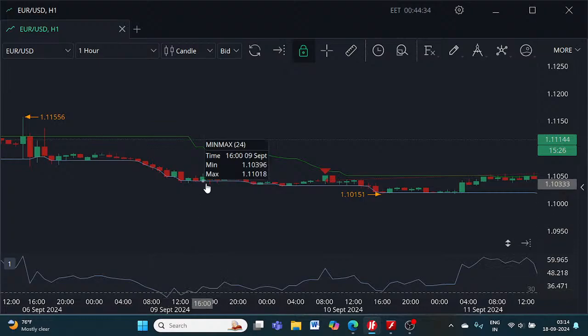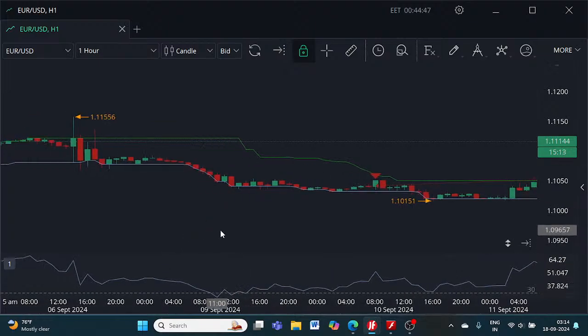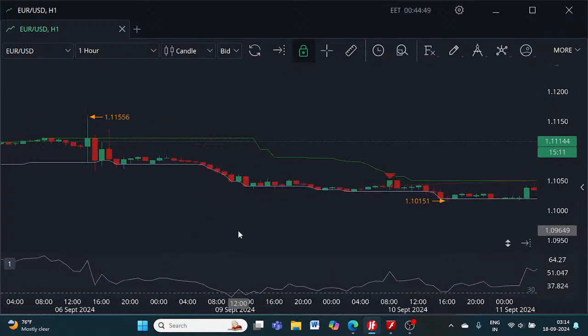But if you add this simple condition that the minimum of the current hour should be equal to or greater than the minimum of 6 hours back, then no trade signal will be generated even if the RSI output remains below 30, but the momentum is still strongly on the side of the bears.